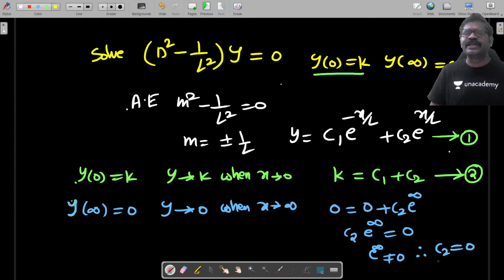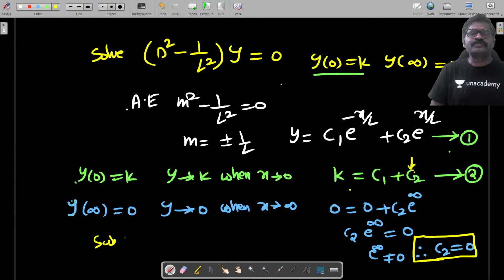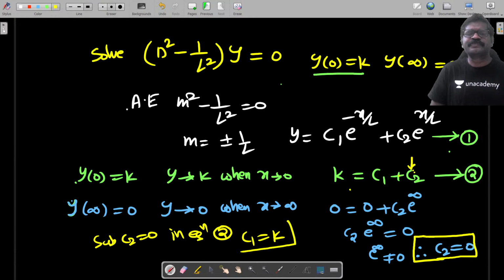So the conclusion is, substitute c2 equal to 0 in equation 2. Then c1 equal to k. So c1 is k, c2 is 0. Substitute the c1, c2 values in equation 1.